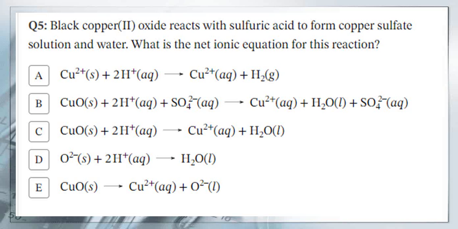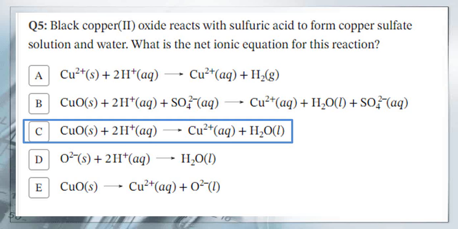As we said, this is a kind of reaction we call an oxidation reduction reaction. We took it in the previous year. Here, it loses oxygen and gains hydrogen. So the right answer for the net ionic equation for this reaction will be copper oxide CuO. It will make a reduction and lose oxygen.